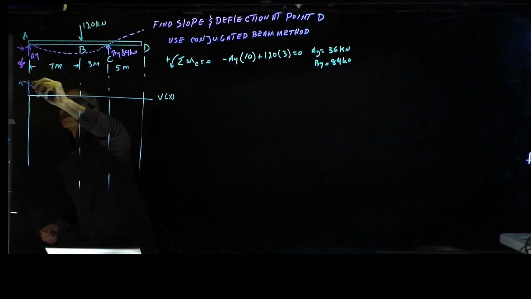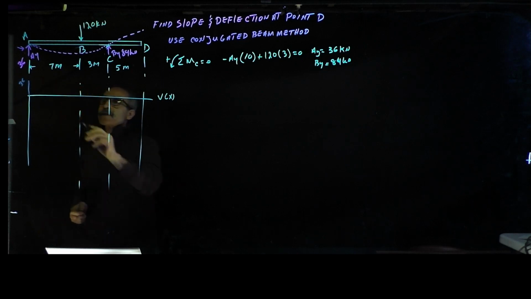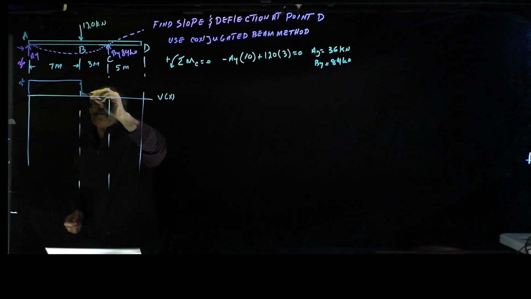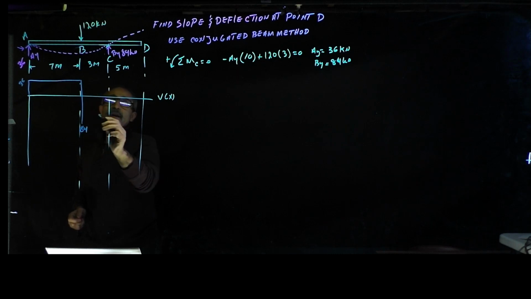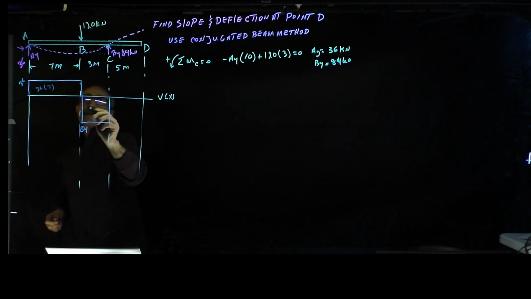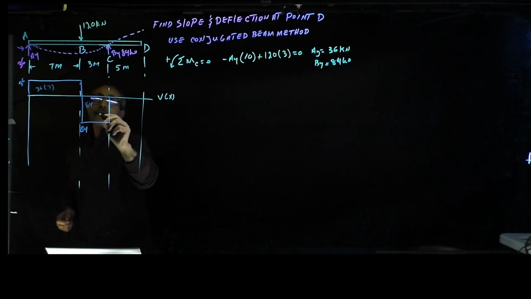That's 36 kilonewton, and then nothing happens. It goes across all the way here, then it drops 120, which brings it to negative 84 here. Nothing happens until it comes in right here and goes back up to 0. This is the positive territory. The area of this is 36 times 7. The area of this one is 84 times 3.